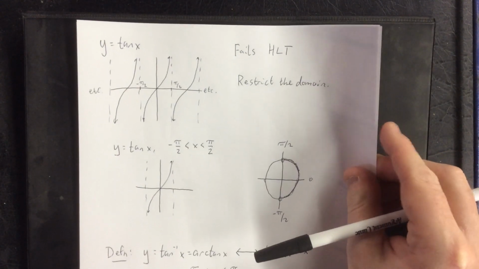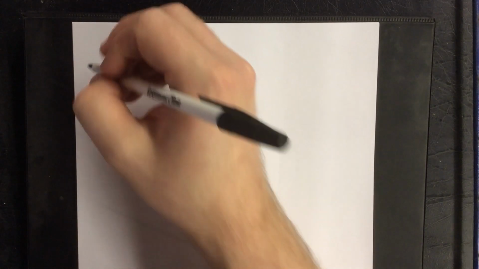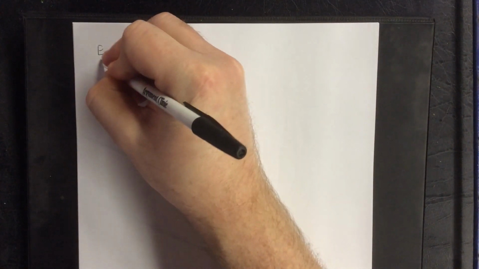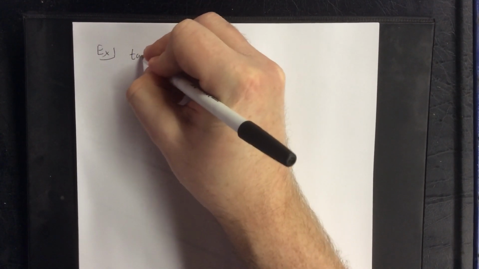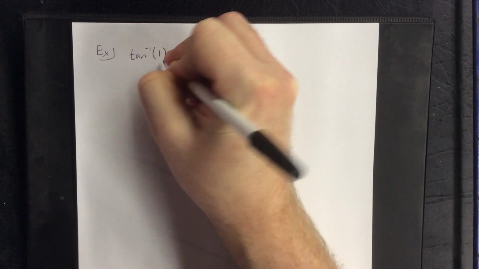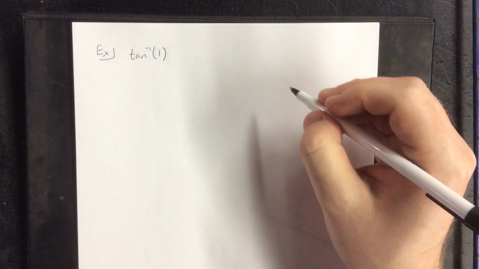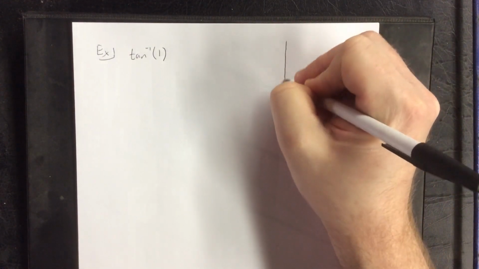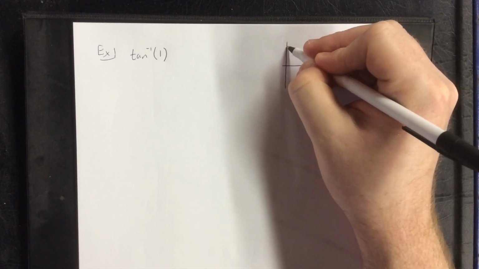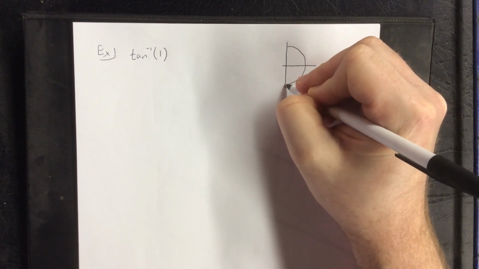Now, to evaluate arctangents, this becomes a little bit more complicated because we're not simply grabbing points from the unit circle. So for example, if I asked you to find the arctangent of 1, I am looking for the angle on the unit circle whose tangent is equal to 1.